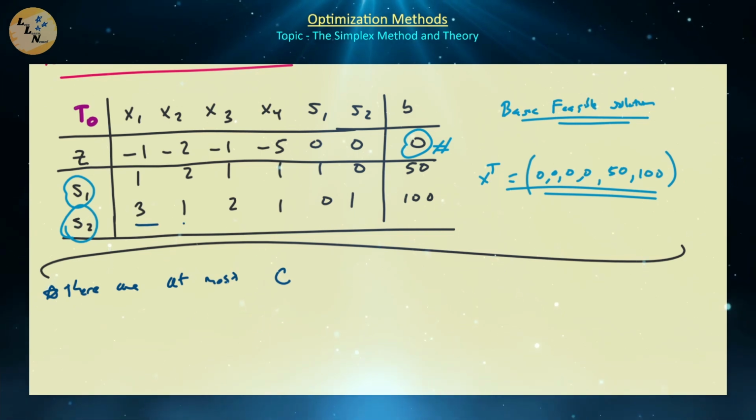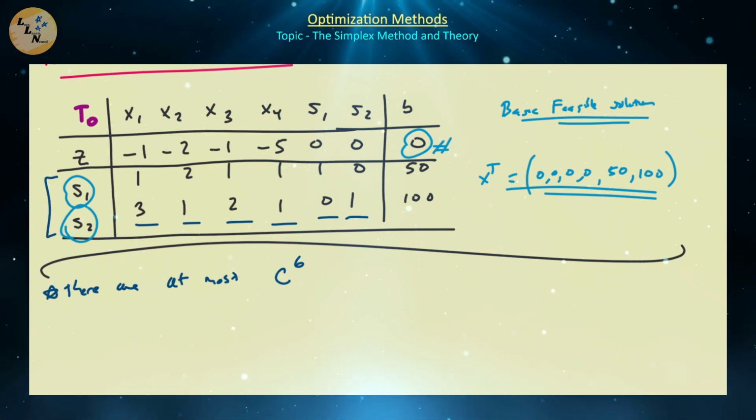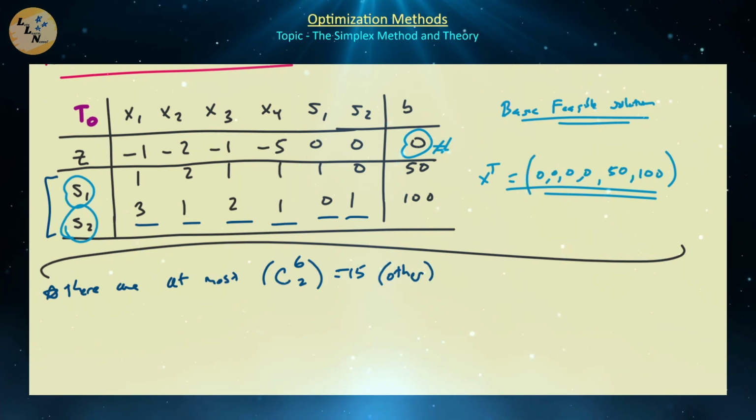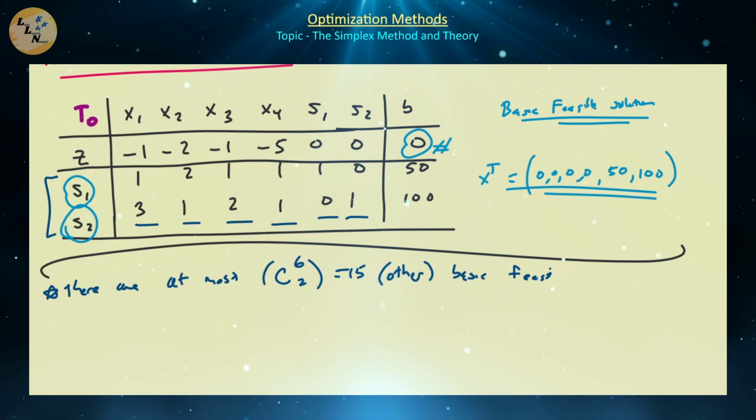Notice that we have 1, 2, 3, 4, 5, 6 columns, and the number of rows is equal to 2. So we have 6 choose 2, which we know comes out to 15 basic feasible solutions to check, right?